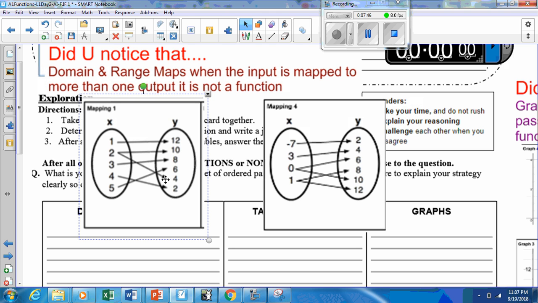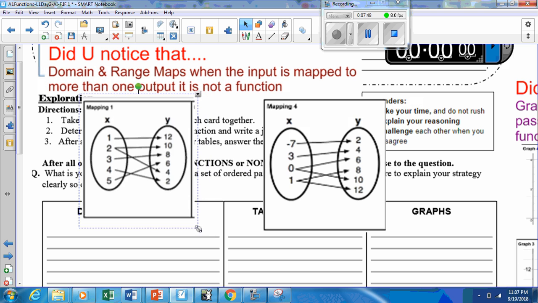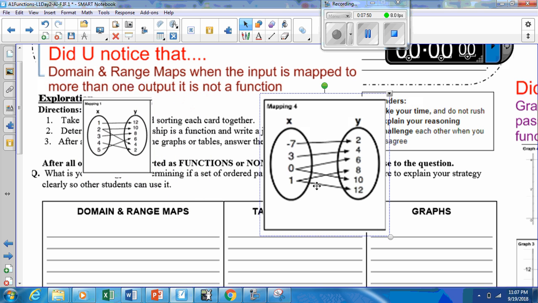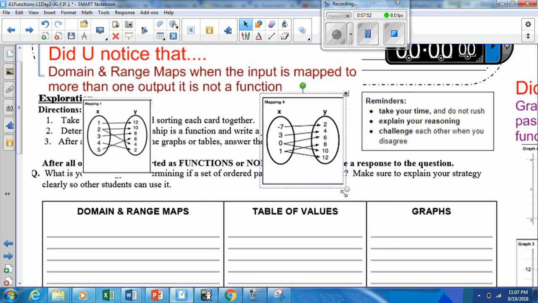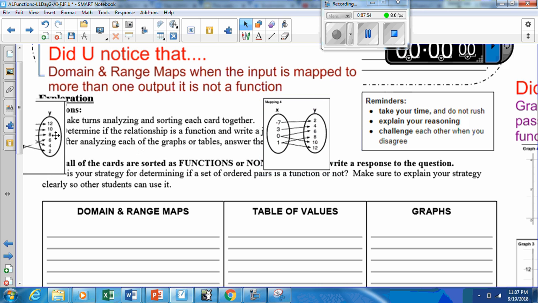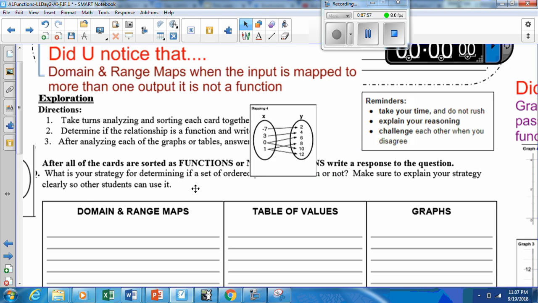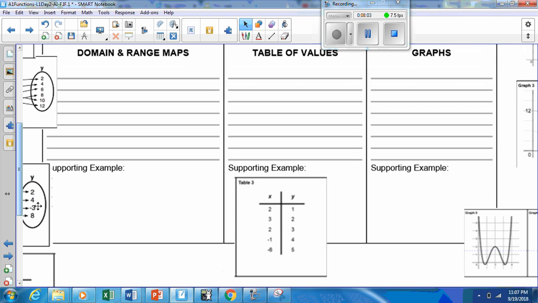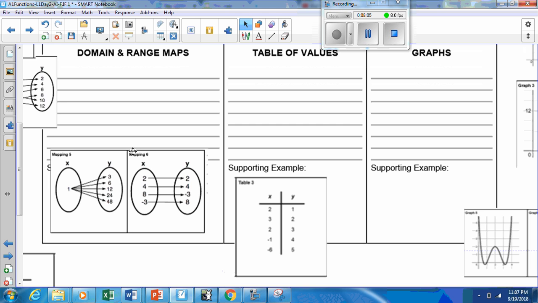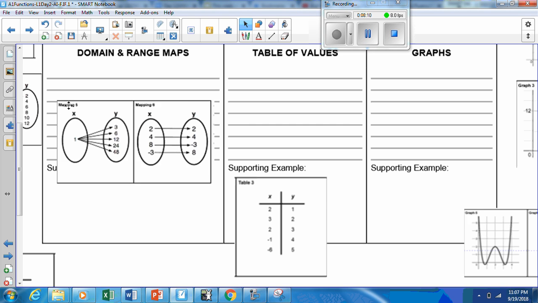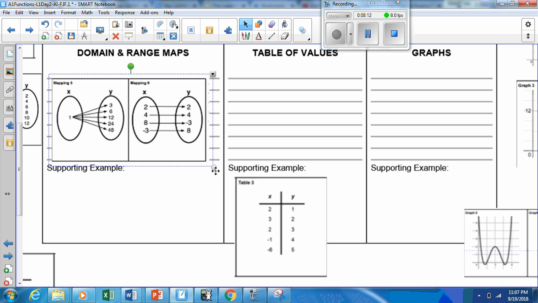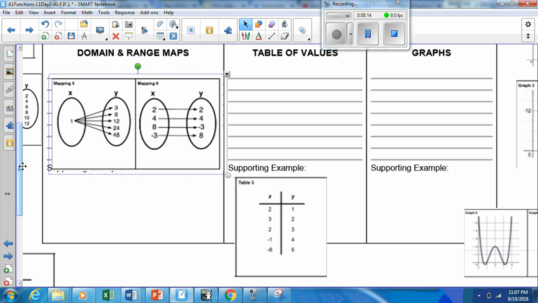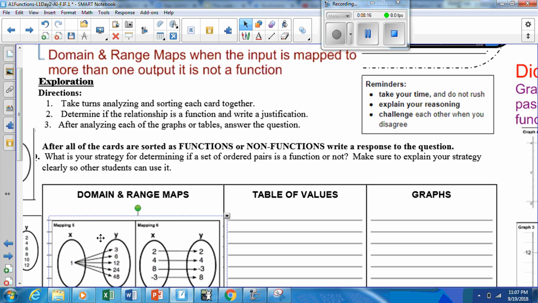Well, I guess a counterexample might be us looking at something like this. Here we have, by definition, an input being mapped to one and only one output.